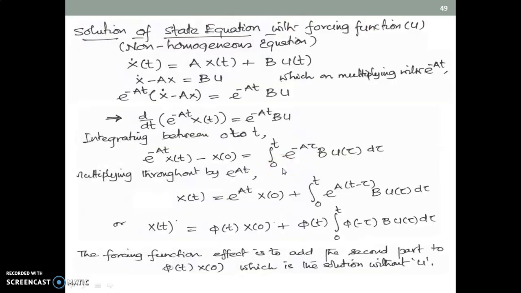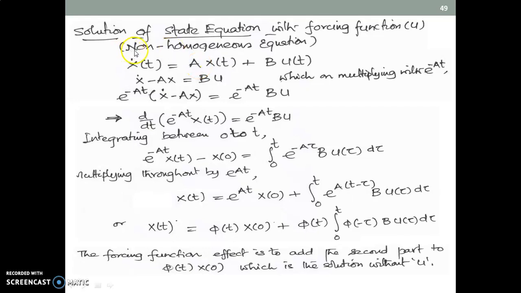solution of state equation. Here we are taking both the homogeneous equation and the non-homogeneous equation. We already know the state equation x dot equal to Ax plus Bu, or x dot of t equal to Ax of t plus Bu of t, right? If the input is 0, that is u is equal to 0, then that expression is called the homogeneous equation. Whatever solution you get when the input is 0, that solution is called the homogeneous solution.